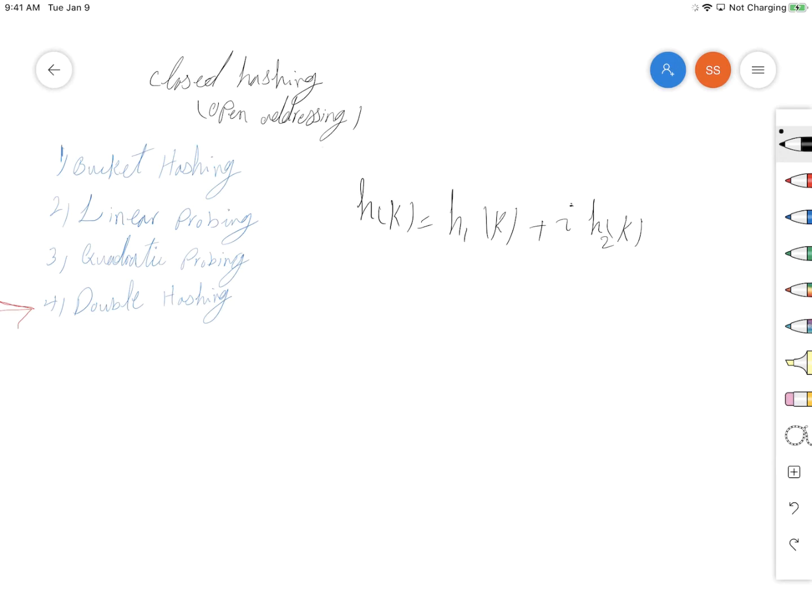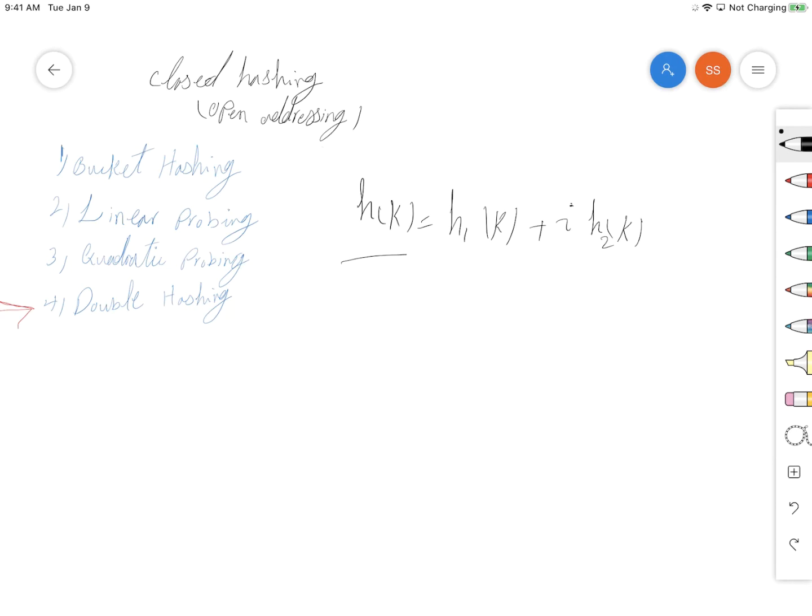A lot of things are similar to what we said about quadratic and linear probing: whenever you have some keys, you calculate the values based on the hash functions h1 and h2 and the key. If there's a collision, then you increase i, and it gives you a new value for the hash function h that we have here.